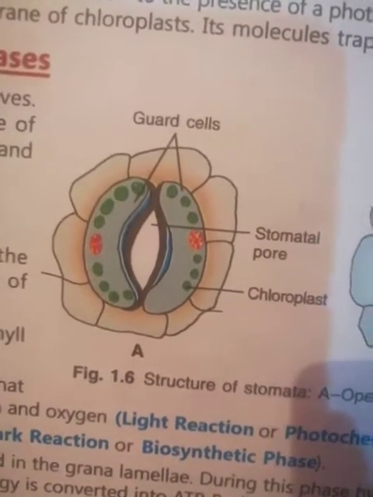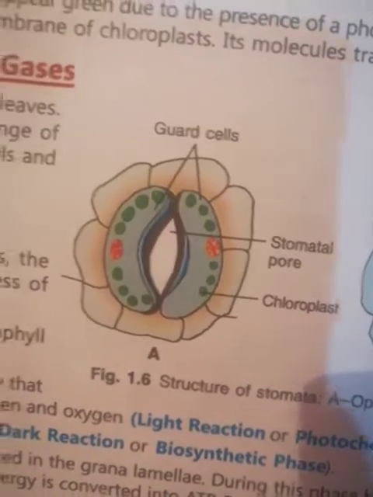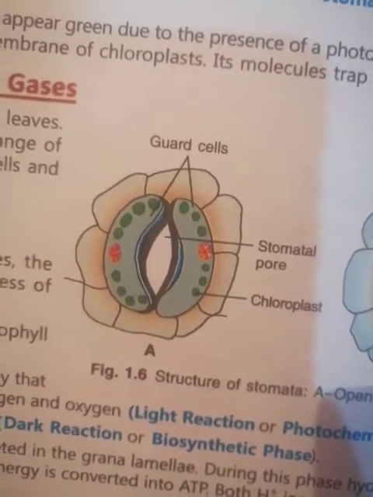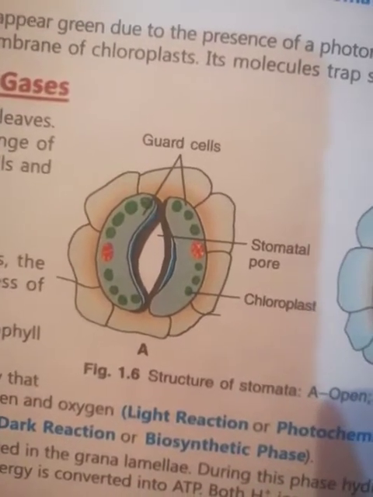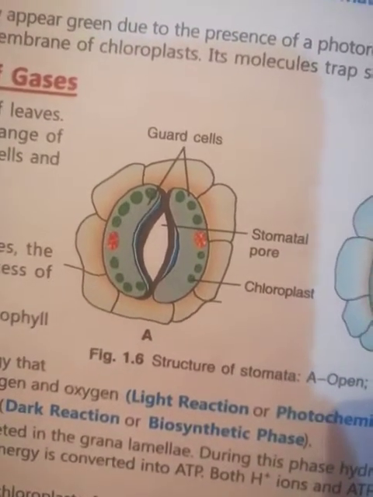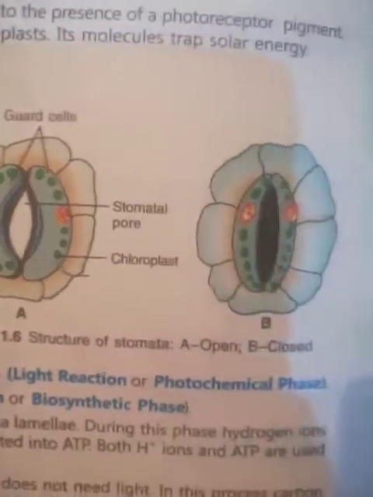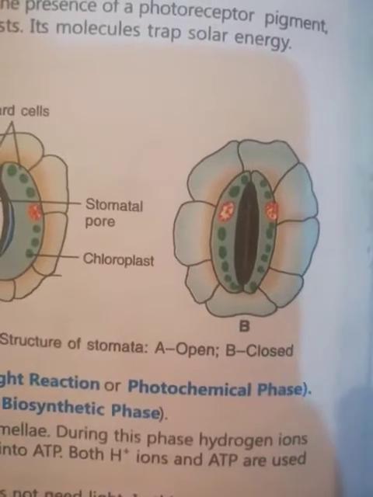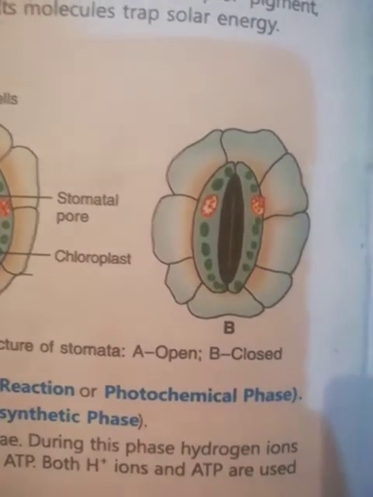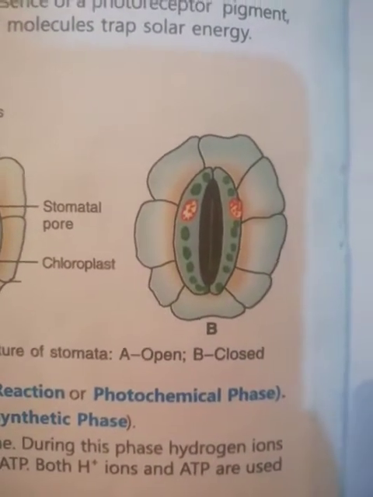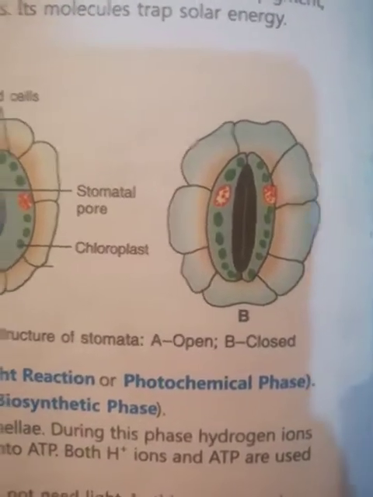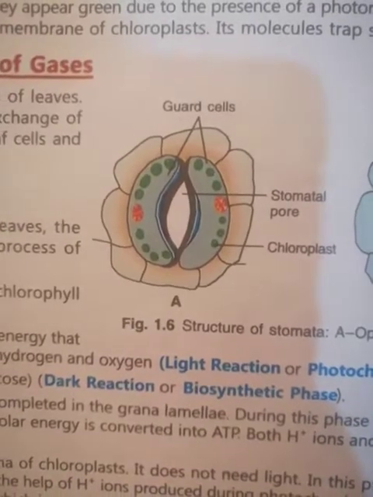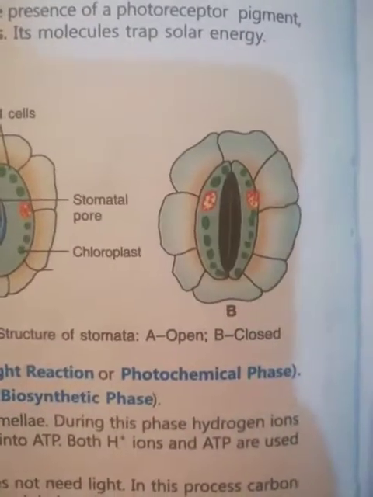In turgid state, when the liquid enters in the guard cell, then it becomes turgid and stomatal pore becomes open. And in flaccid state, flaccid means liquid comes out, then the stomatal pore is closed. See here, A open, stomatal pore open, and here closed.